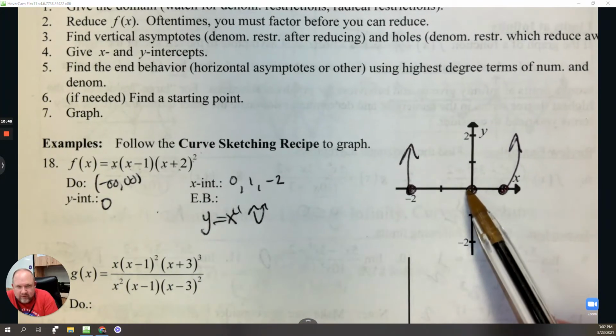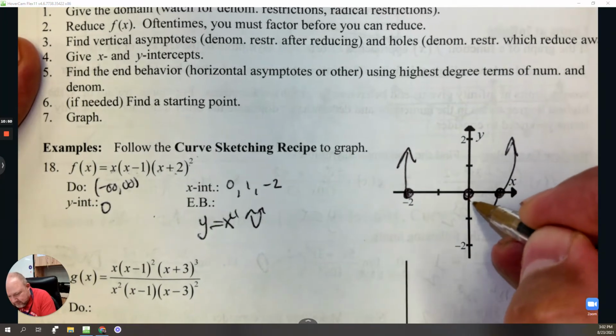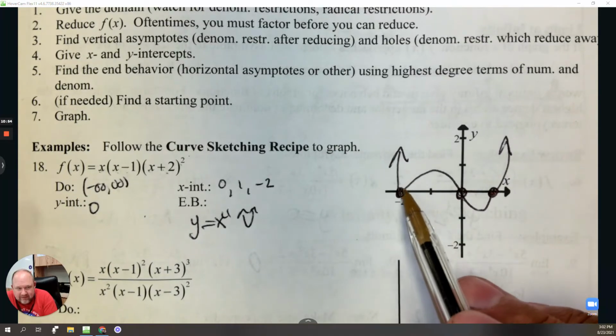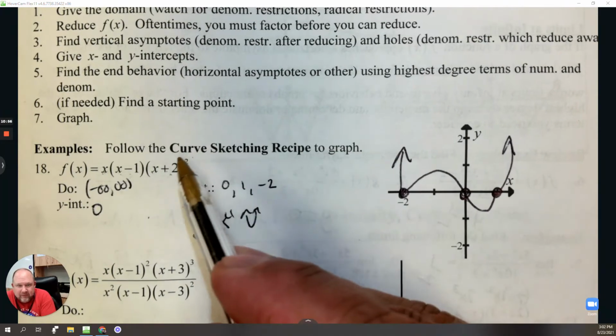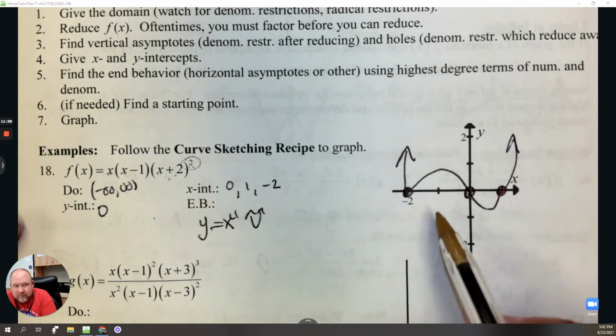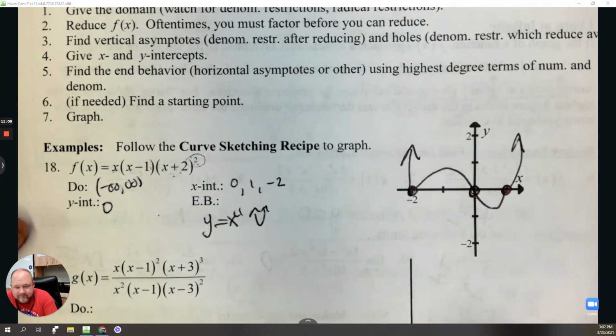So at 0 it crosses, and at positive 1 it crosses. So we're going to cross, but at negative 2, it only touches and comes up. And that's because there's an even exponent where that 0 came from. So an even exponent means it touches. Odd exponents means they cross over.